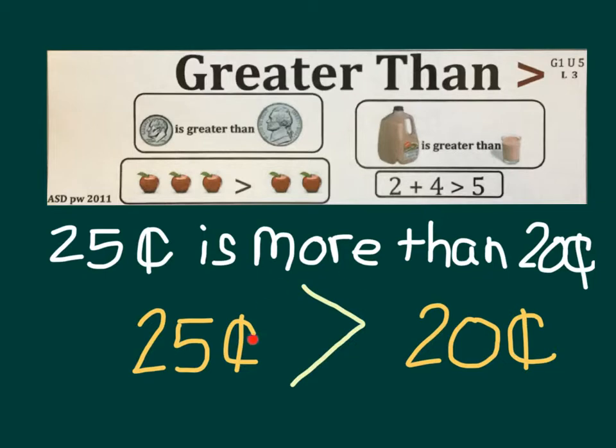Does your symbol look like this? When I am talking about a number being more than or greater than another number, I can use this symbol. This symbol stands for greater than.